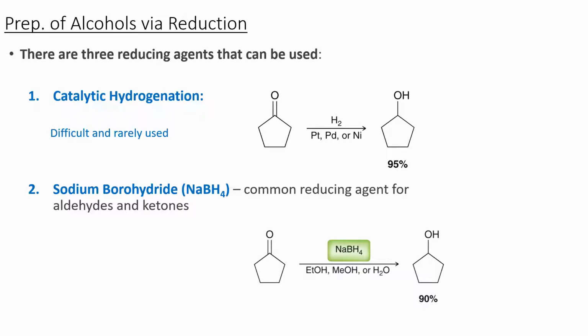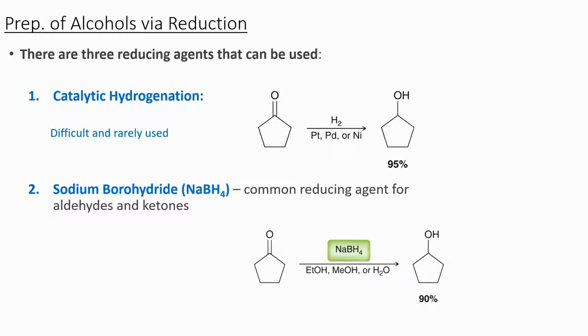The major difference between the 3 that we're going to look at is the strength. Some of them will also reduce other functional groups. And so we'll start with the strongest, which is going to be catalytic hydrogenation.